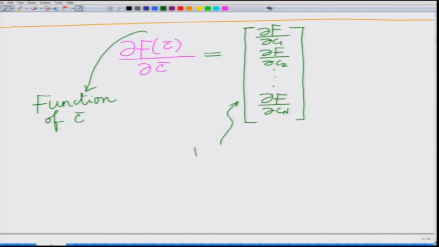So, naturally this is an n dimensional vector, where n itself is the dimension of this vector C bar.